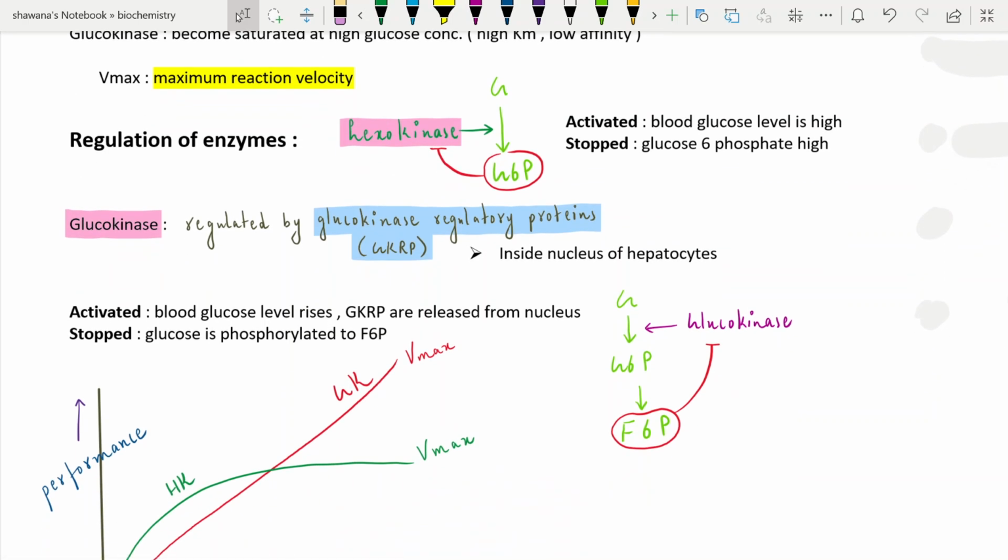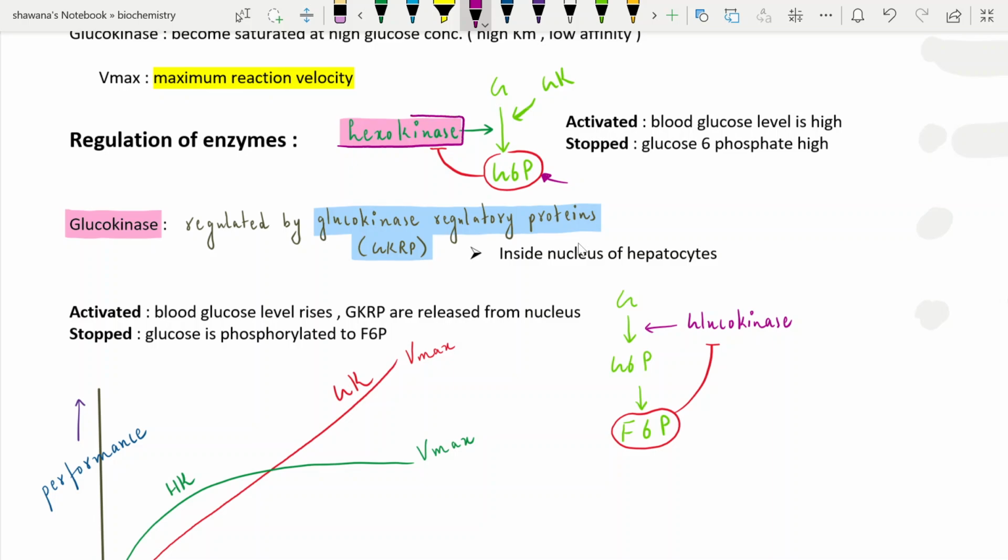Regulation of these enzymes. As we discussed, glucose is converted into glucose 6 phosphate by the action of hexokinase and also glucokinase. But how do these enzymes know when to stop and when to be activated? The product, glucose 6 phosphate, is a signal for hexokinase to stop.